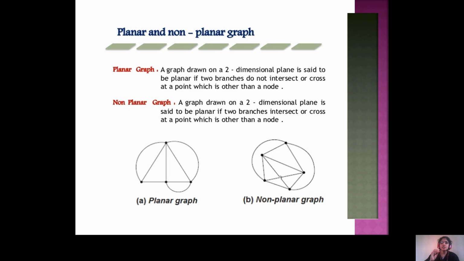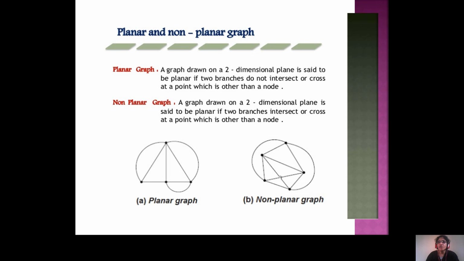That means if 1 and 2 are connected, and 3 and 4 are connected, and for the same node there is another connection, that connection must not overlap. Overlapping means there must be no crossovers. If there is overlapping, then it is called a non-planar graph. If there is no overlapping, then it is known as a planar graph.